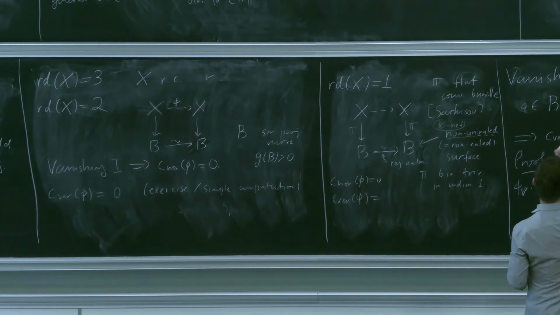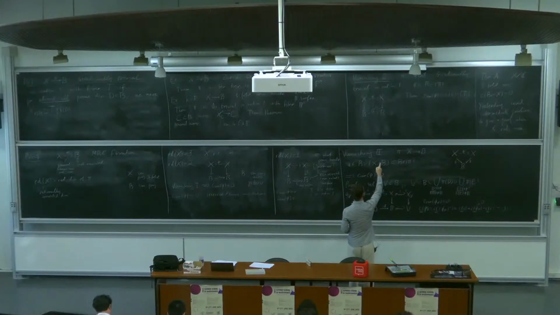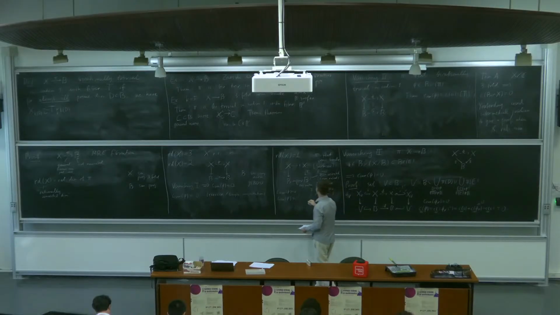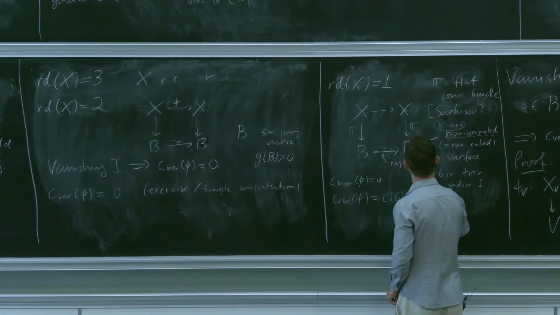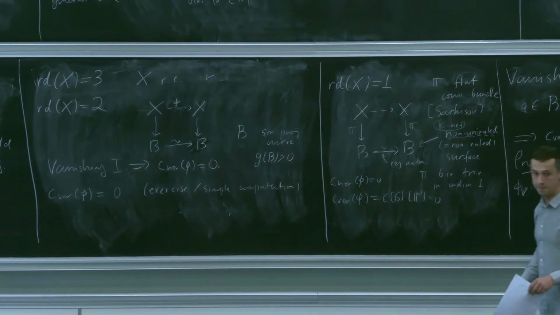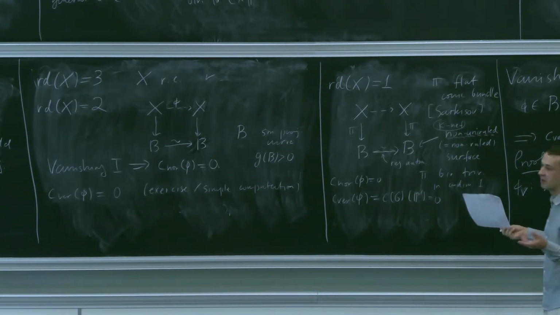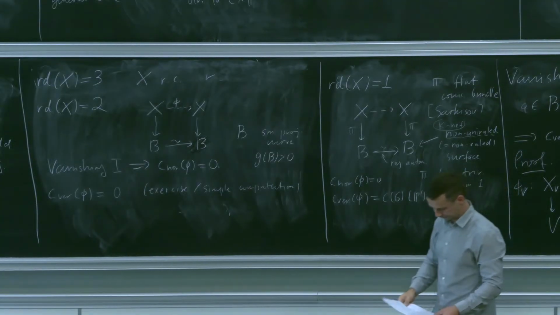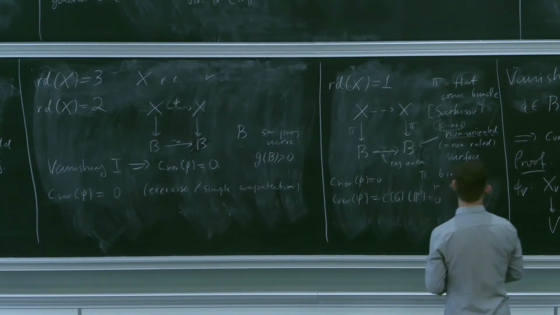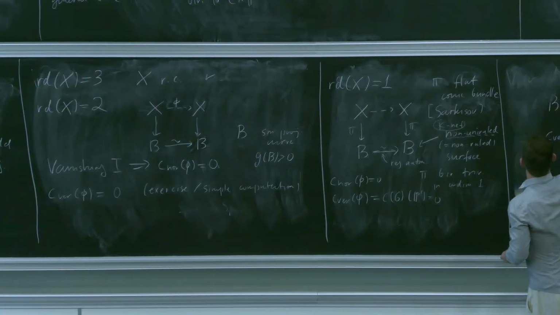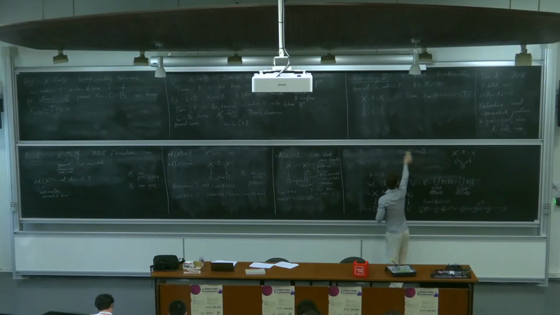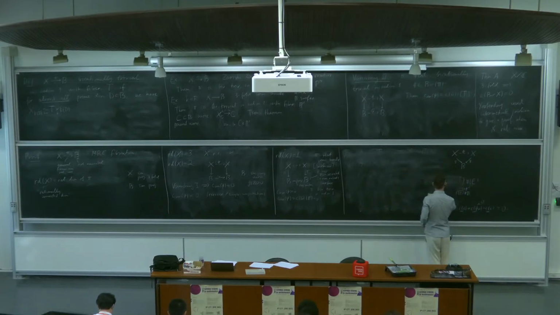Right, and then we can use that I have to do C of sigma times P1, but this is 0 because I have an automorphism downstairs. If it wasn't an automorphism, maybe I wouldn't know what the result is.